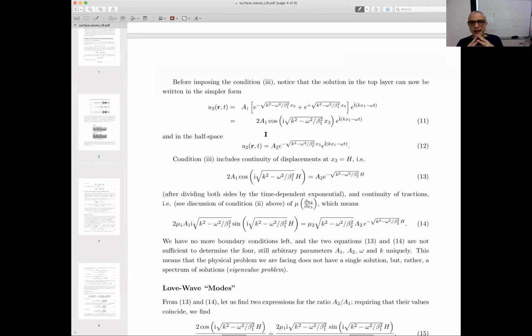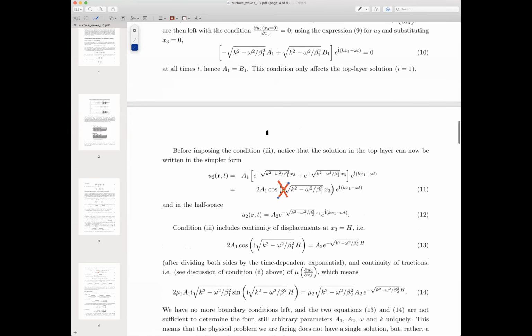Yeah, the I is not supposed to be there. Is that a typo? Is that what you're asking? Yes, sir. Yeah, I think you're right, actually.